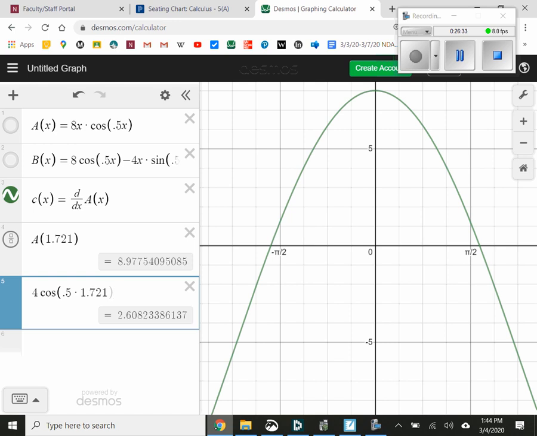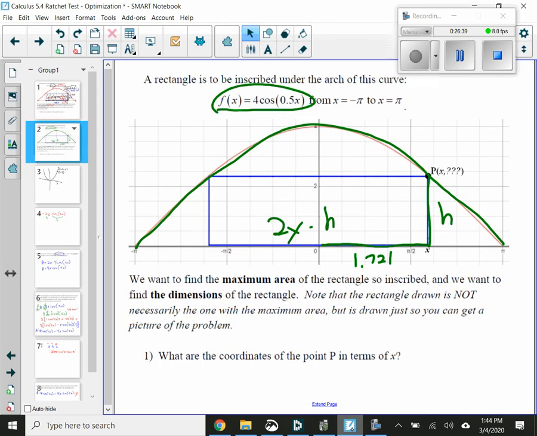Okay, let me think back through what I'm doing here. All right, my area. This point right here is the point x, comma, 4 cosine 0.5x.